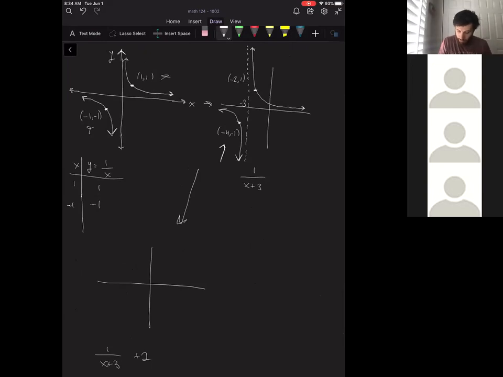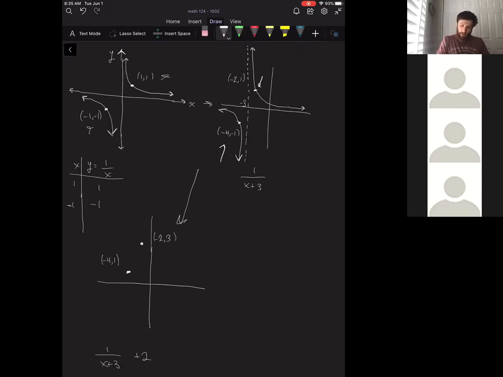That y value is -1, so now it's going to move up to +1, because we're adding 2 to it. So we'll have -4, +1. And our other point was -2, +1. If we add 2 to that y value, it becomes 3. So that's going to be the point -2, 3.